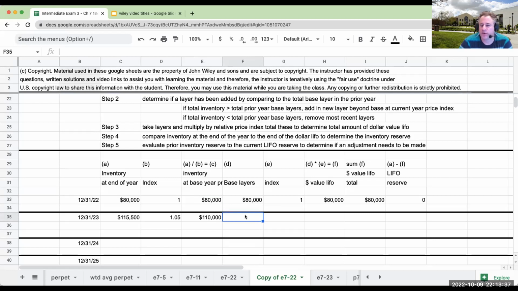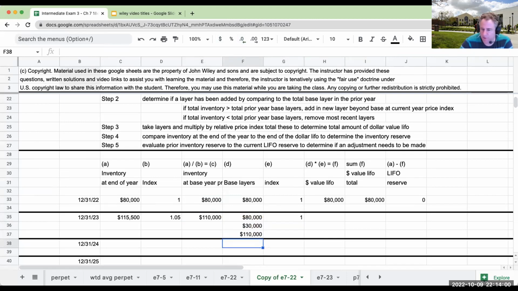When I divide this by 1.05, this number is now comparable to the 80,000. So now I'm going to ask, what have I added, comparing this number to this 80,000? Well, I still have my base layer at 80,000 and my index is at 1. But over here, I've added 30,000, right? 80 plus 30 is 110.